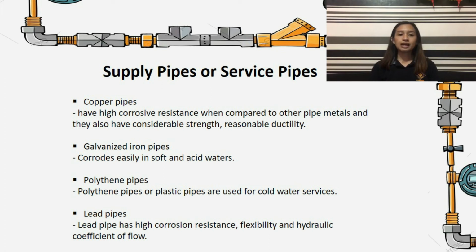Lead pipe has high corrosion resistance, flexibility, and hydraulic coefficient of flow, but lead content in water may lead to poisoning effects, which are harmful for the people. So this kind of pipe is not preferred.